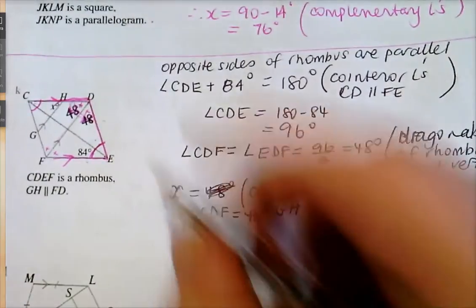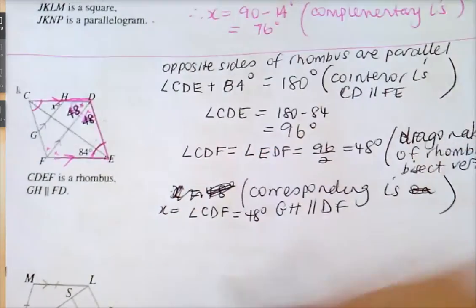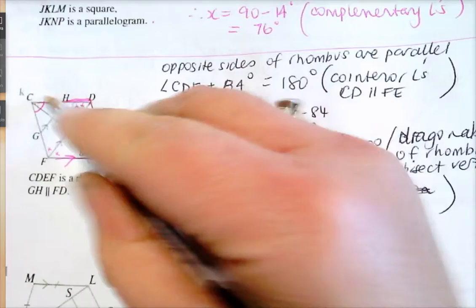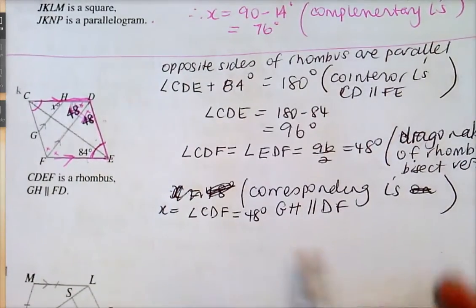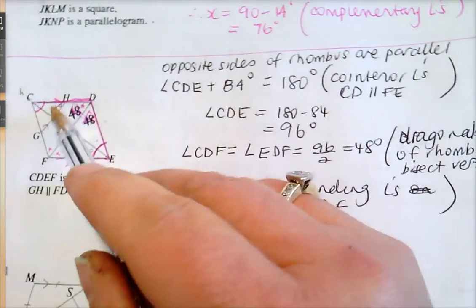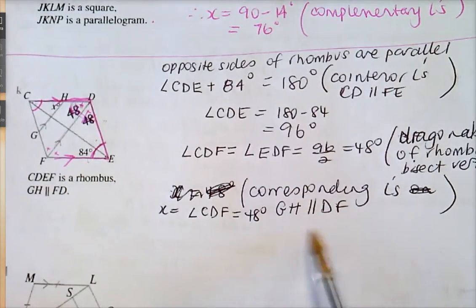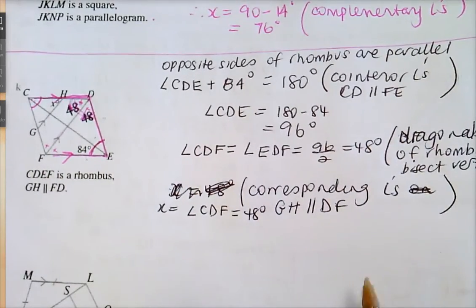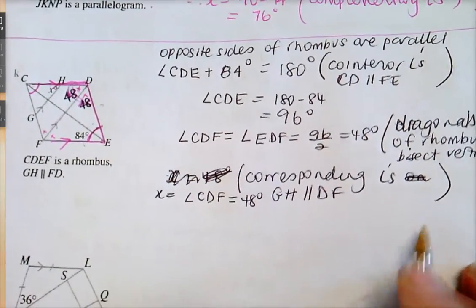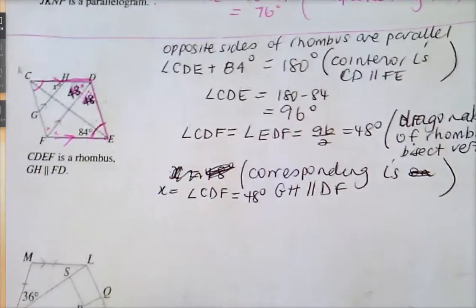So X equals this angle CDF, because there are two 48s and you don't want to be confused about which ones you're talking about. So that equals that. Reason, corresponding angles. GH is parallel to DF. Remember, if you don't put the parallel lines down, you won't get the mark for that. So that one's done.